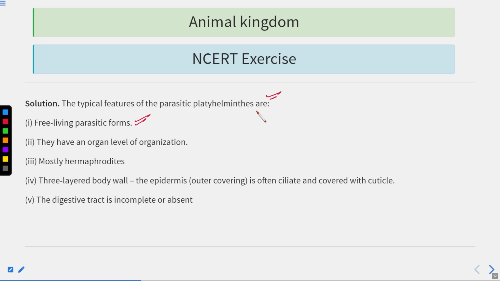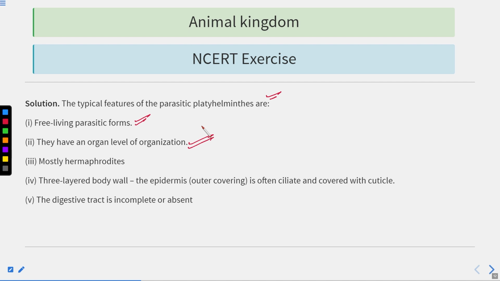They have an organ level of organization. Okay. So they are quite advanced from the Porifera, Cnidaria and Ctenophora, because those are having the tissue level grade of organization. And even in the case of Porifera, they are having the cellular grade of organization, though they are multicellular, but the tissue is not yet formed.